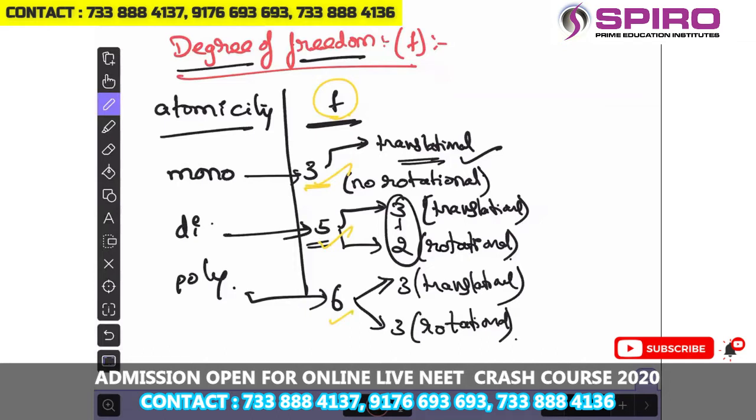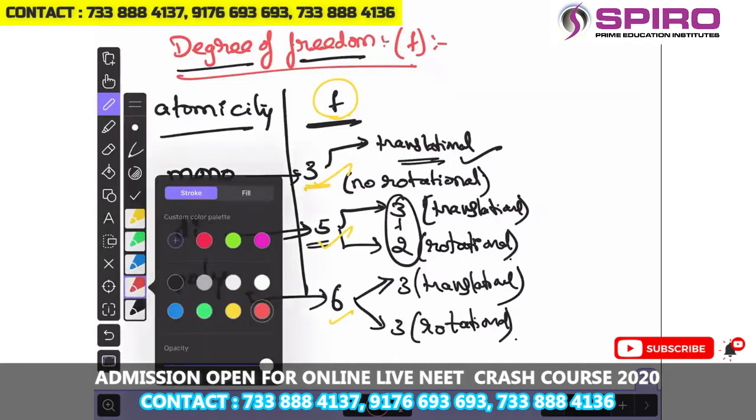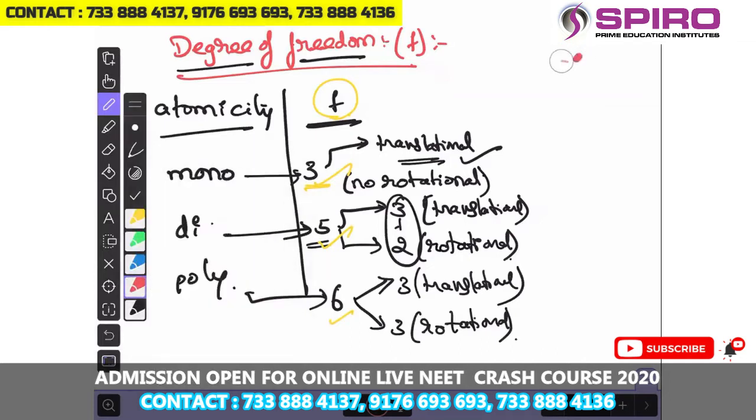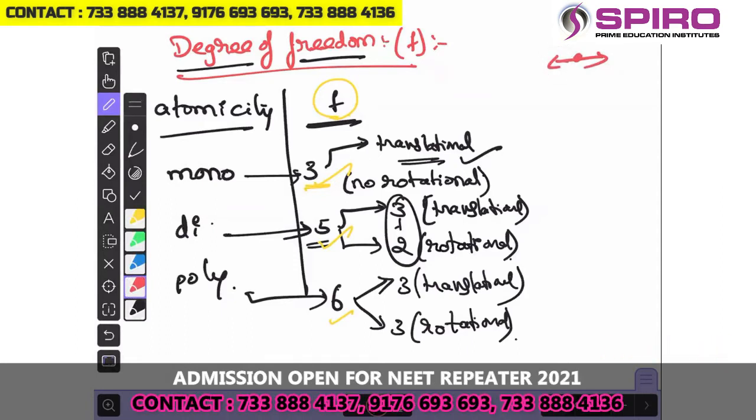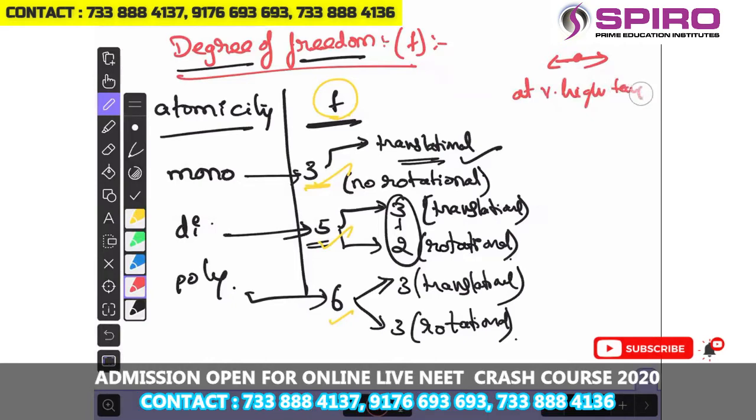Then the molecule is in a vibration state with a larger and larger amplitude, and thereby 2 more degrees will be added at very high temperatures. So 3 plus 2, exceptional degrees at very high temperatures.